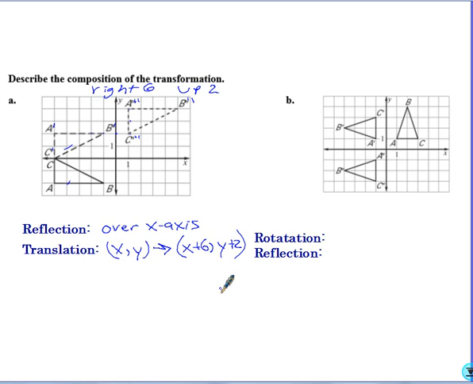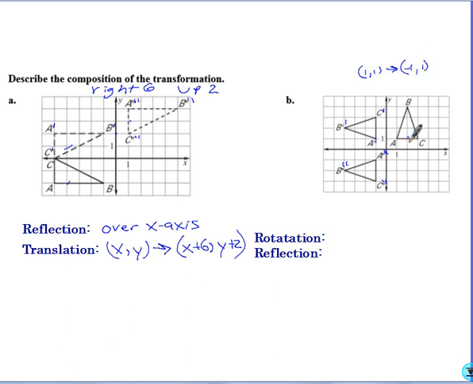And then the last one here, we are doing a rotation and then a reflection. Again, this one here is prime. This one down here is double prime. So this original figure, how do I get from here to here? I rotated. And how did I rotate? I rotated 90 degrees. If you take a look at the coordinate points, A is at (1, 1), and that became (negative 1, 1).